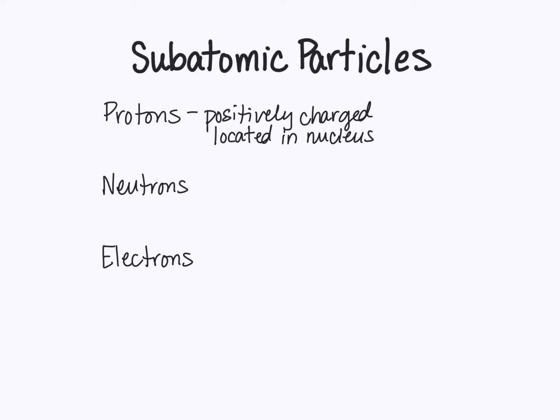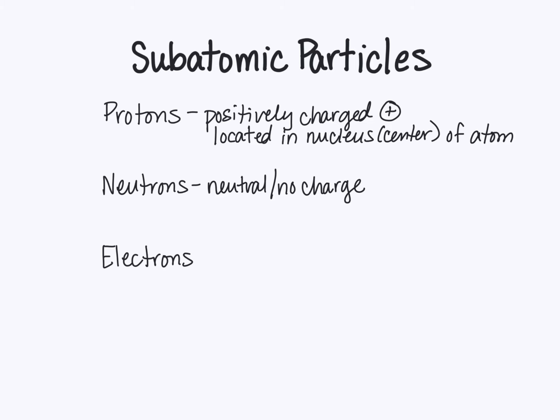And the nucleus is just the center of the atom. Neutrons are neutral, meaning that they don't have a charge. And they are also located in the nucleus, or the center of the atom.